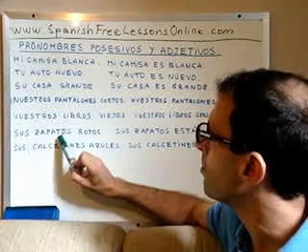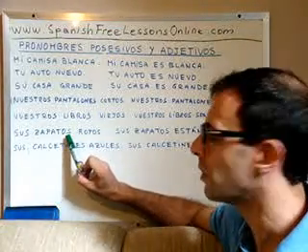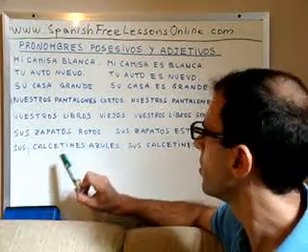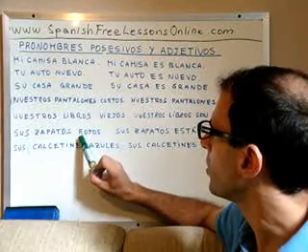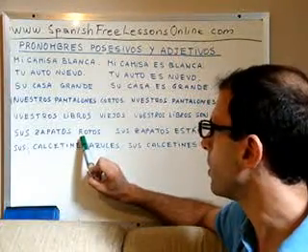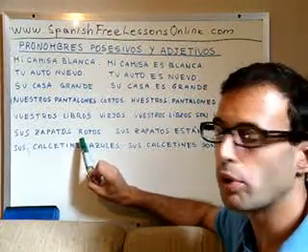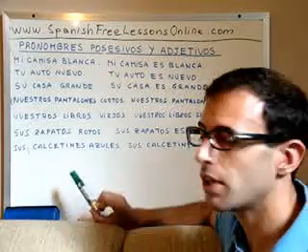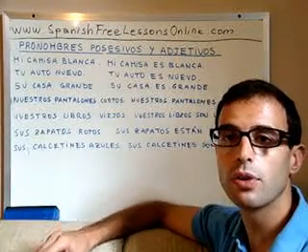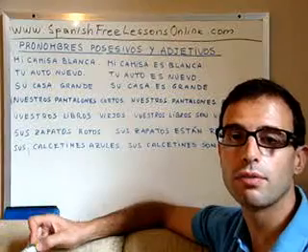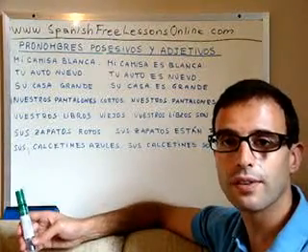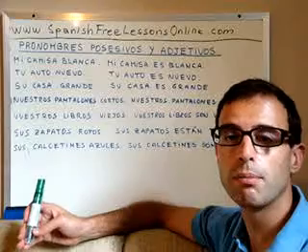Again, zapatos is masculine plural because we are talking about shoes, the pair of shoes. So the adjective broken needs to be masculine and plural as well: rotos. If not, it would be roto for masculine singular, or rota for feminine singular, or rotas for feminine plural.